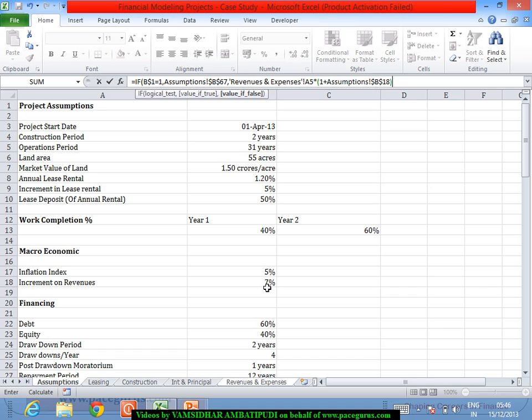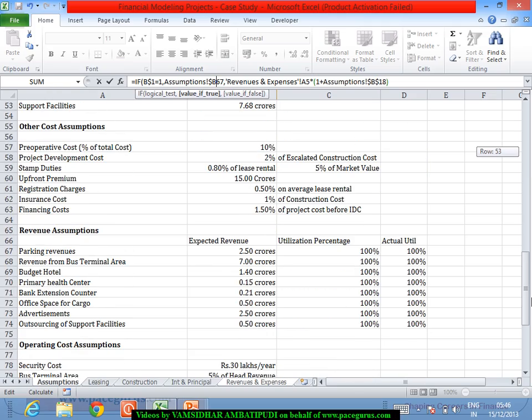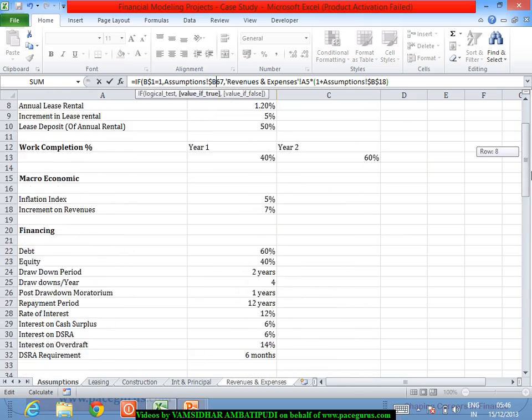If this is equal to 1, keep it as the revenue from there. And again the revenue from there, probably I'll remove the dollar here, because when I drag it down for the other sources of revenue, instead of B67 of the assumption, it should pull out the B68, B69 and something like that.